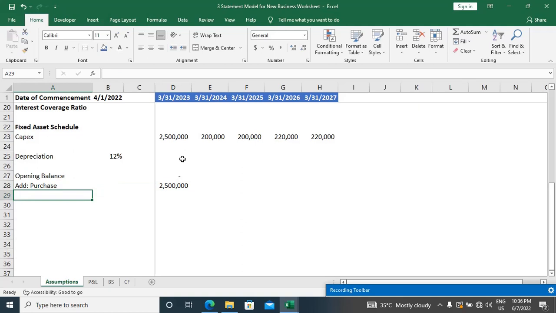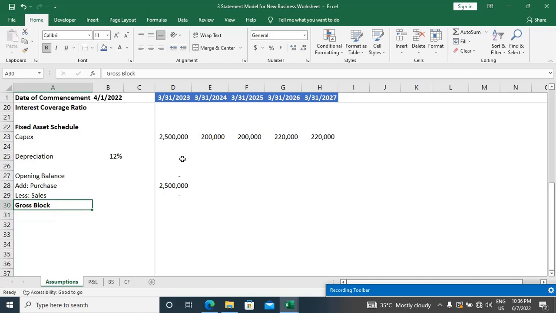Then what did we do? Less sales. Did we dispose or sell off any of our fixed assets? The answer is no in the first year, so we have made it 0. Now this is the part called gross block in technical terms.